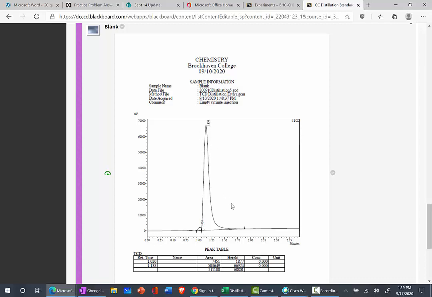And as he expected, he only got one peak. So if in your distillation the GC gave you only one peak, that means you have 100% of the component that gave you that peak.